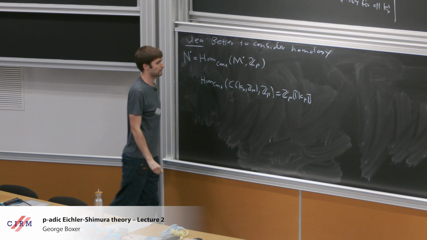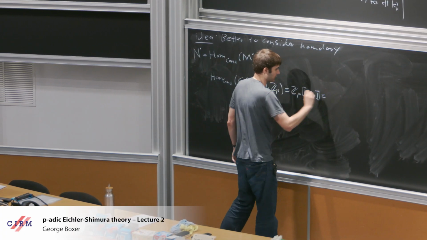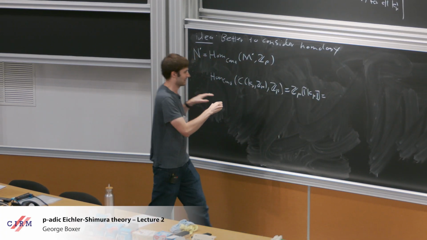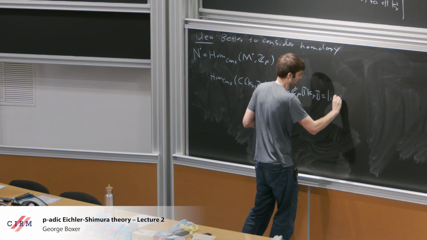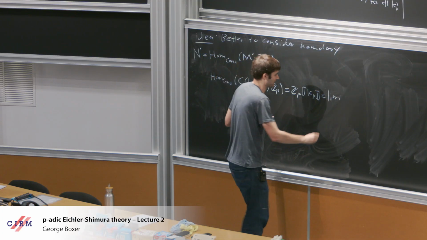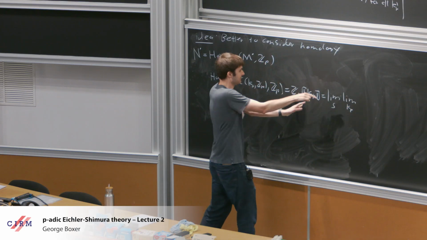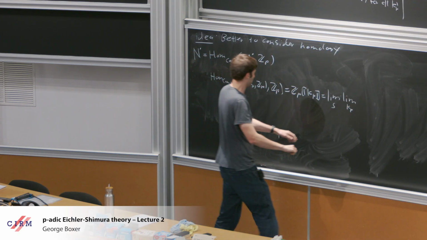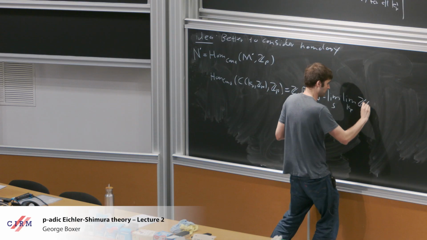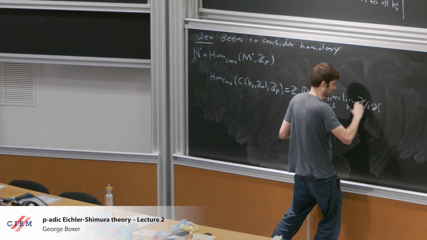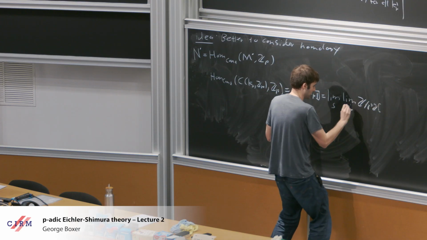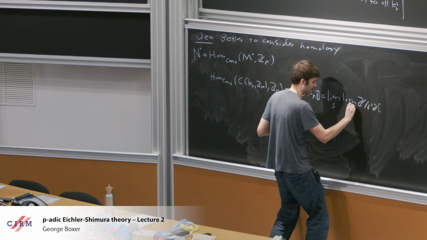the completed group ring of K_p, which can also be defined, and let me write this in a slightly weird way, as the limit over S of the limit over K_p. Of course, these limits now commute because they're both limits. Z mod p^S Z, and just the finite group ring. Maybe I should take, sorry, I have a fixed K_p, so I should call this something else.